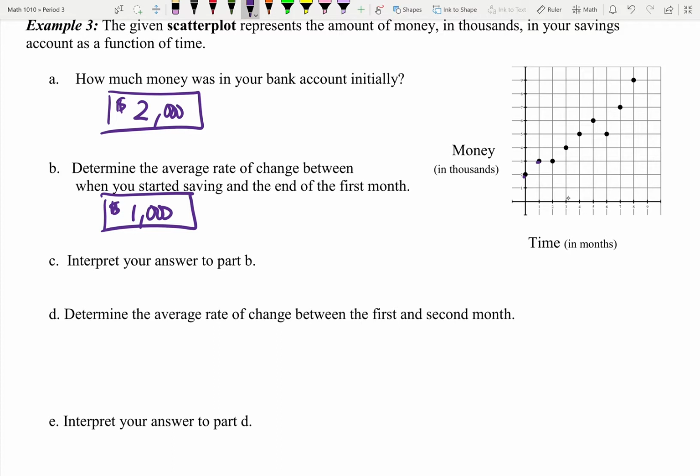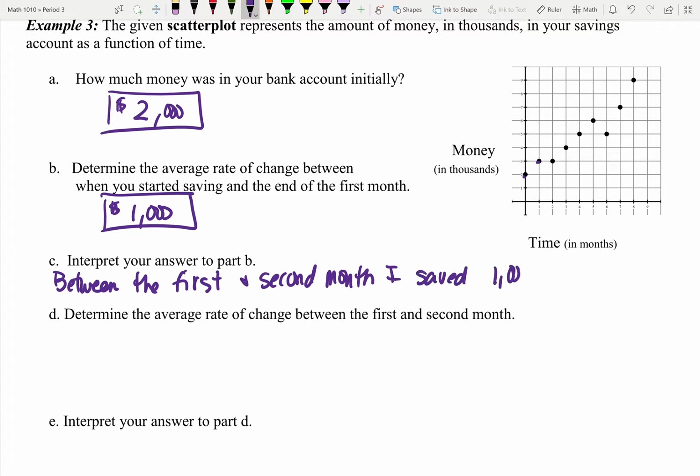Okay. So we're going to say between the first and second month, I saved $1,000 with a capital and a subject and a period and a label. Yeah, honey?